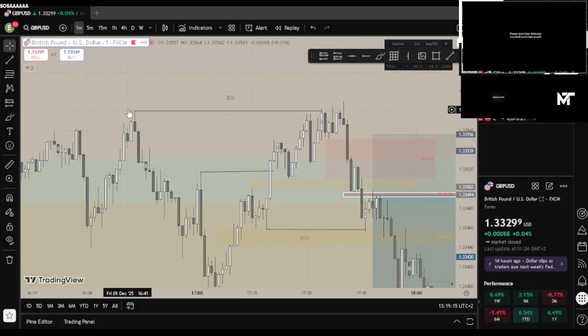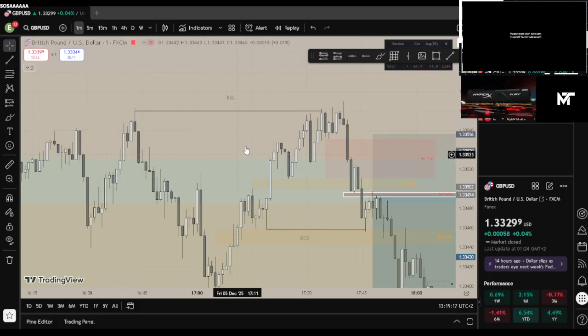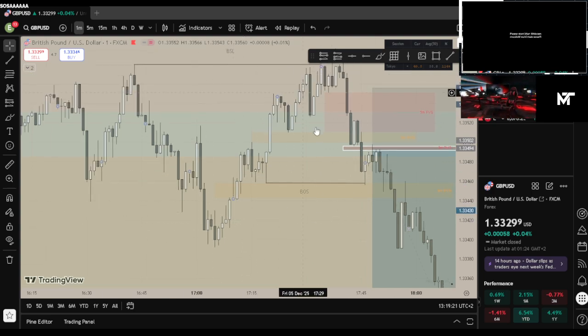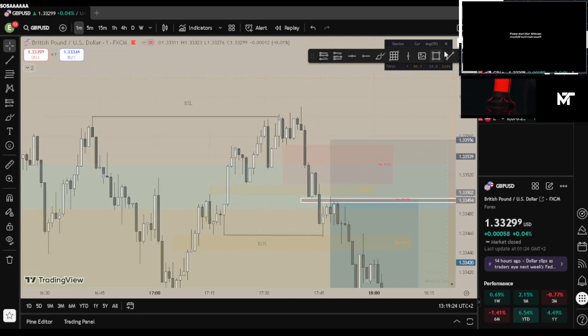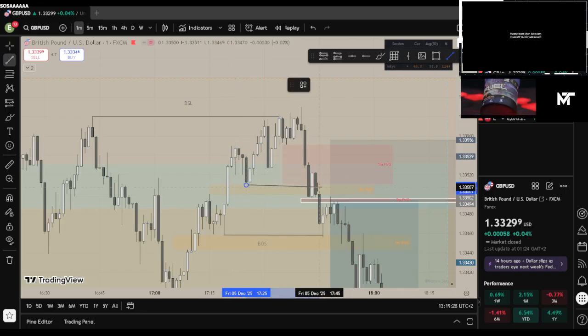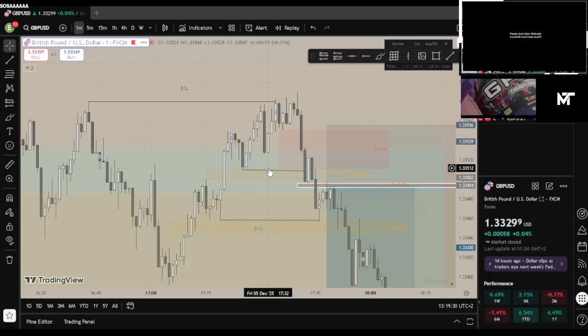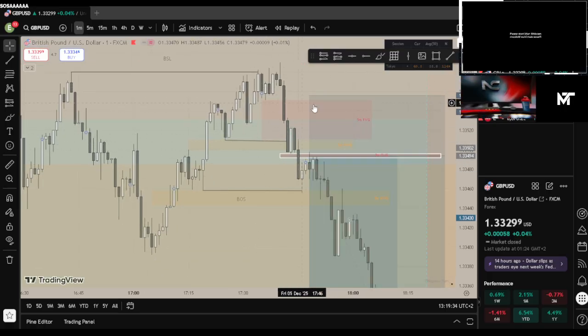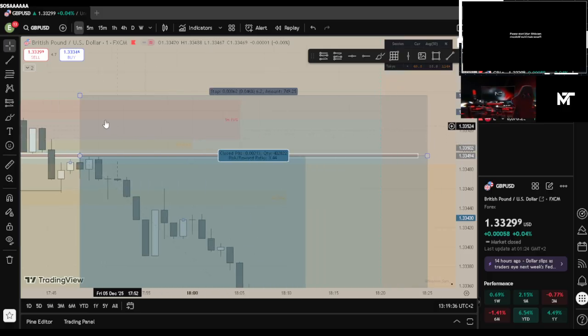After the buy side, we have a break of structure. The break of structure was actually built up from this bottom piece over here, from the downtrend. Even some people took this right here as the break of structure. It's okay, because we still tap back into the fair value gap.